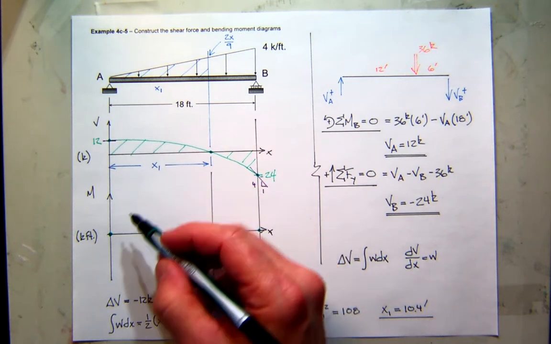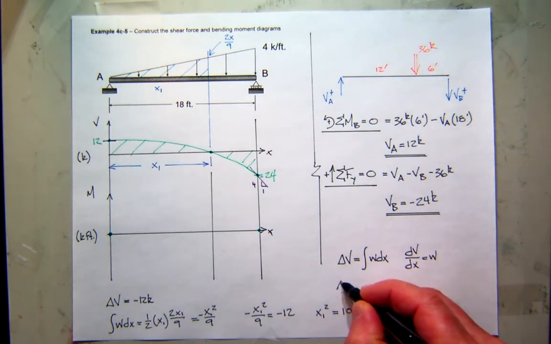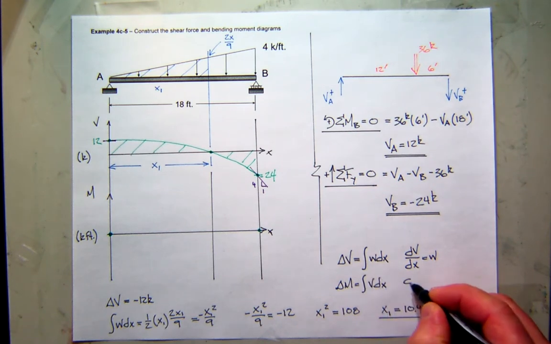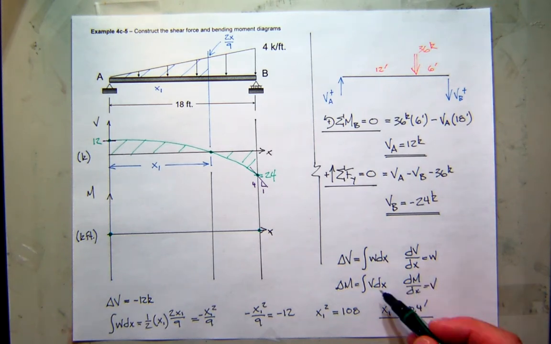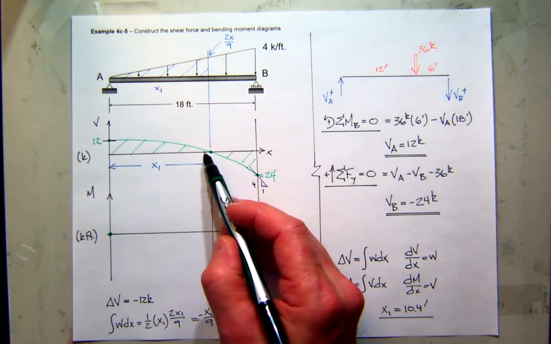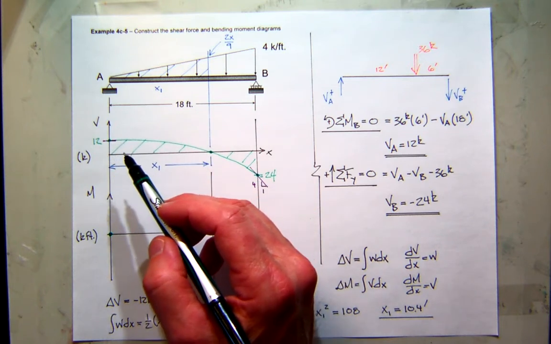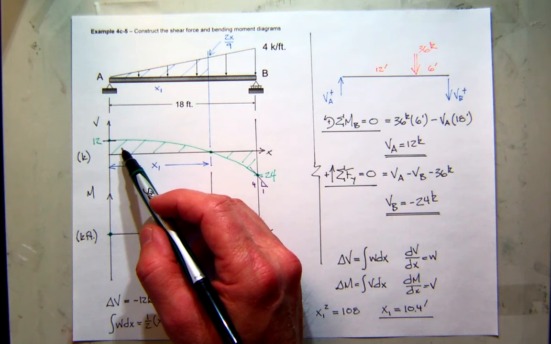And the change in moment, remember, is given by the area under the shear diagram. And of course, the slope of the moment diagram is the shear. So the area under the shear diagram gives us the change in moment. What's the area under the shear diagram over this first chunk here? Well, conveniently for us in this problem, this is a nice parabolic section.